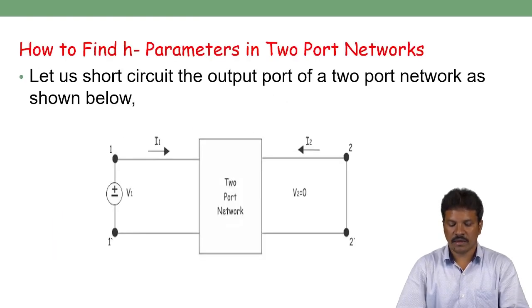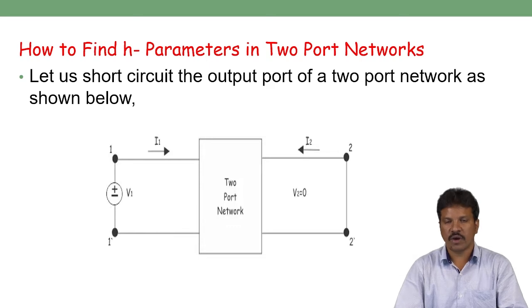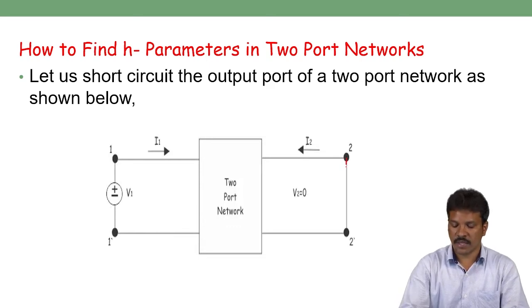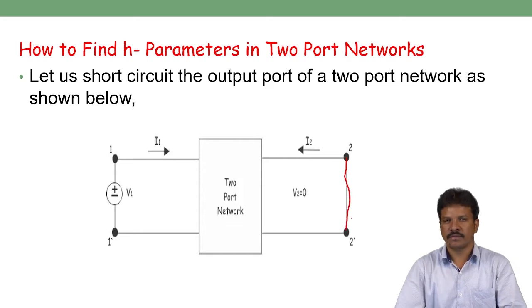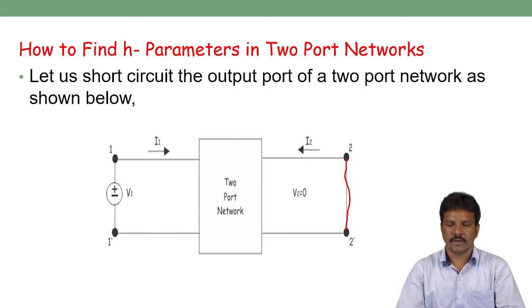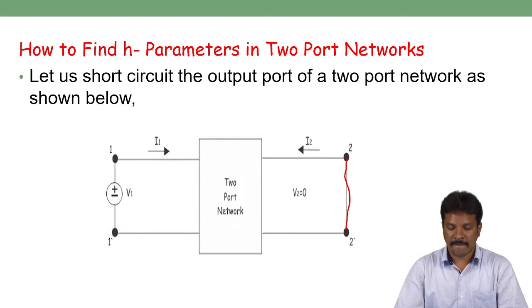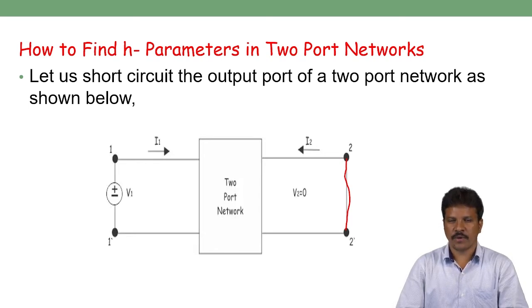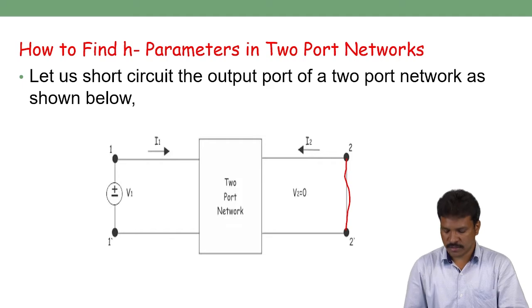So we short circuit the output port of the two-port network as shown in the figure. Keep the output port short circuit. By keeping the output port short circuit, 2 and 2 dash, we can find the input H parameters.